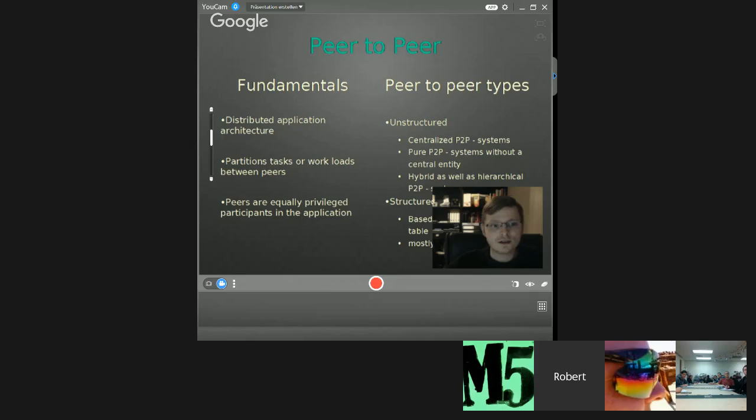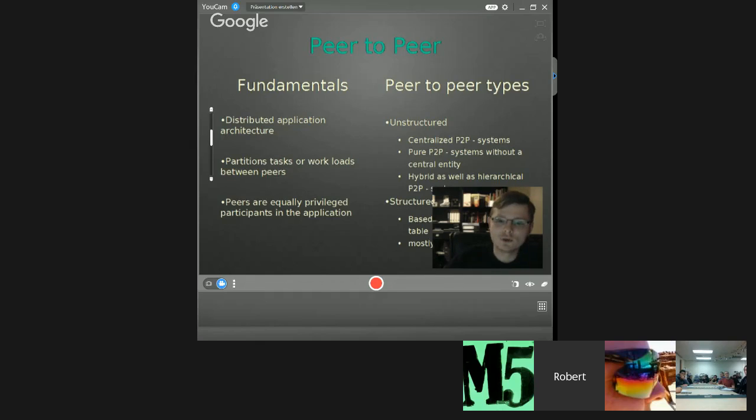Then there are the pure peer-to-peer networks. This means there's no central instance. They are self-organized. They are pretty simple to implement on local area networks, where you have the possibility to send broadcast or multicast signals. That means you just send the signal on the network, and everyone connected to the network can read the transmitted data.